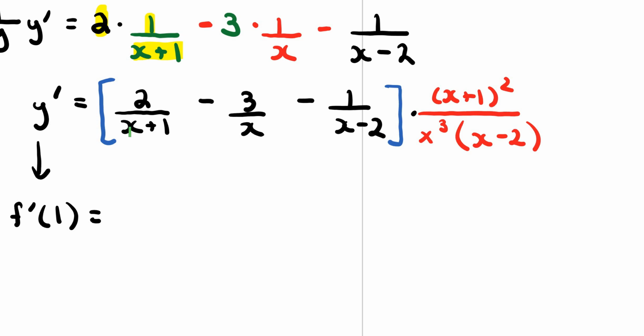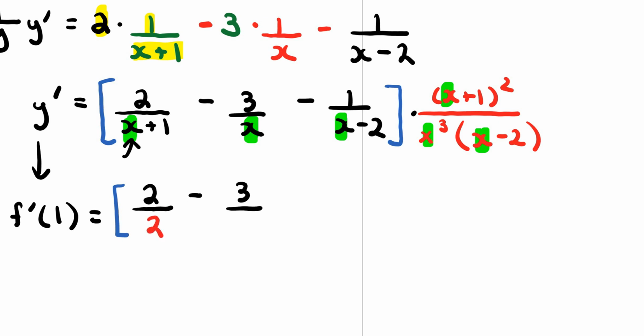So what we're going to do here is all these x's are now going to be replaced with the value of 1. So let's go ahead and see if we can do the numbers in our head here. I have 2 there, and if x equals 1, that's going to be 1 plus 1, which is going to be 2 on the denominator, minus 3 divided by 1, and then minus 1 over 1 minus 2.